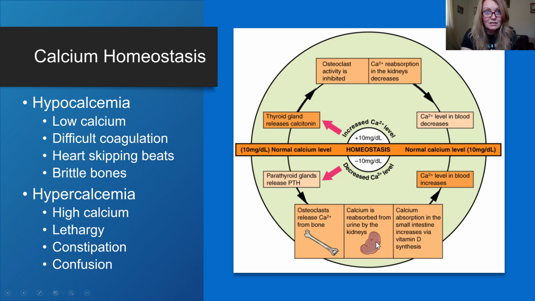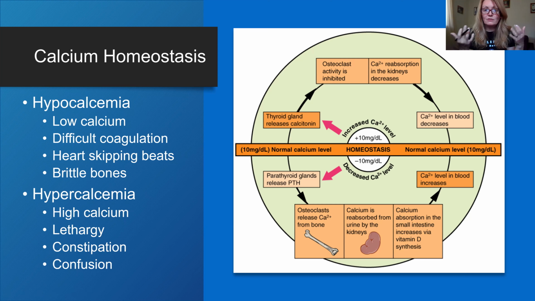Plus, your kidneys start taking calcium from your filtrate, though to make it simple, from your urine. You don't want calcium in your urine. You want your kidney to reabsorb this calcium back to your blood. Plus, you want to increase absorption of calcium in your small intestine via vitamin D synthesis.